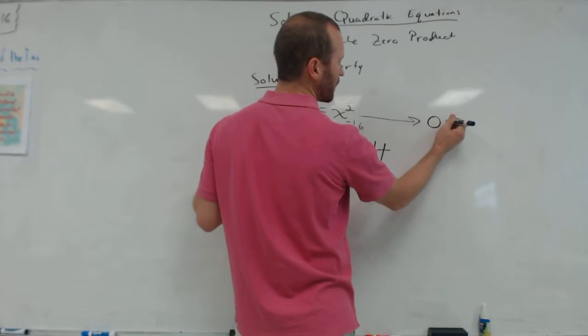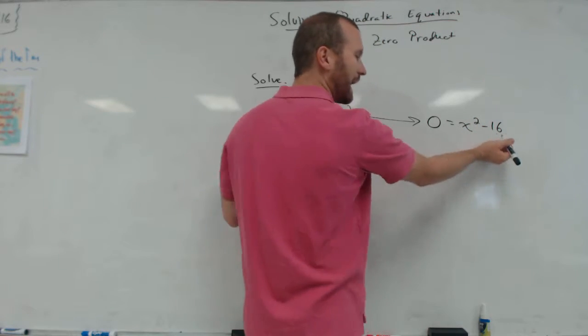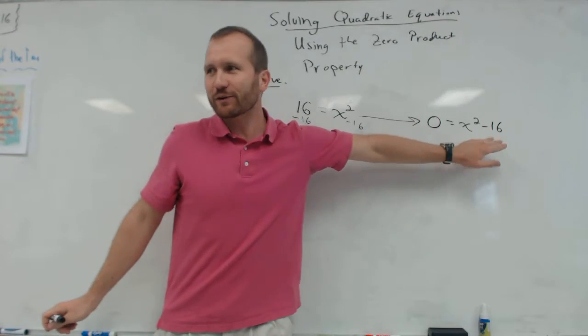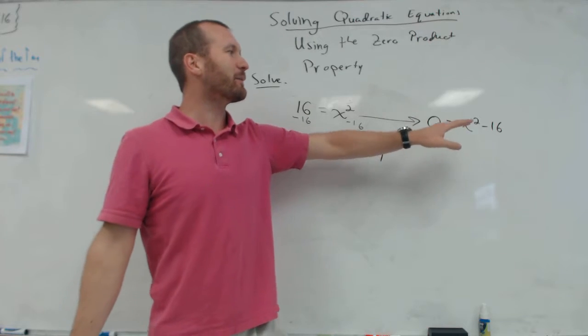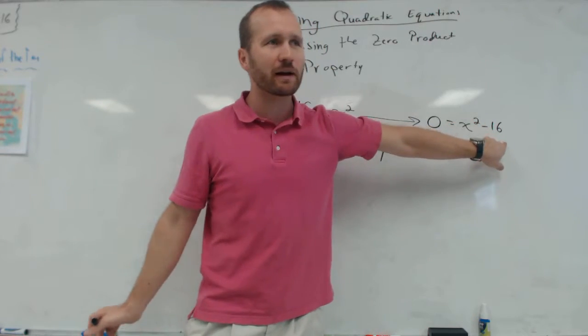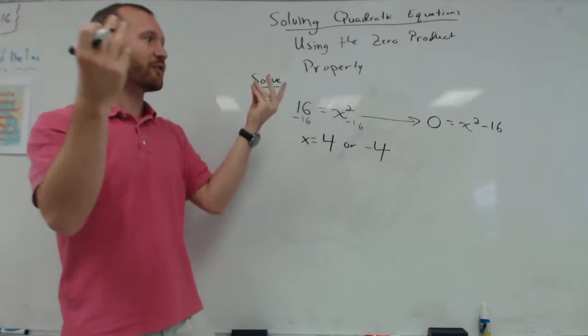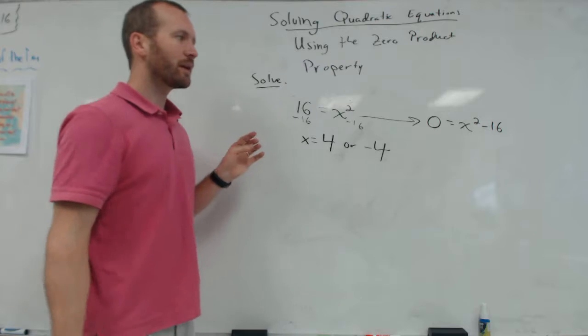Then I would have 0 equals x squared minus 16. But what is this side? X squared minus 16, your brain should be going. A quadratic equation. Difference of squares.